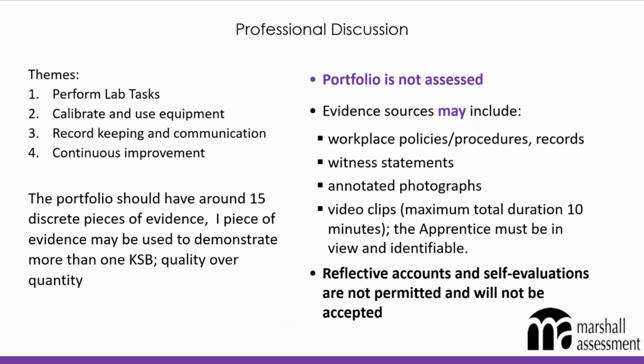So around 15 discrete pieces of evidence is fine. It needs to be not too cumbersome if you're going to use it, clearly, but it doesn't need to be huge. Lots and lots of examples around the same criteria is not necessary.